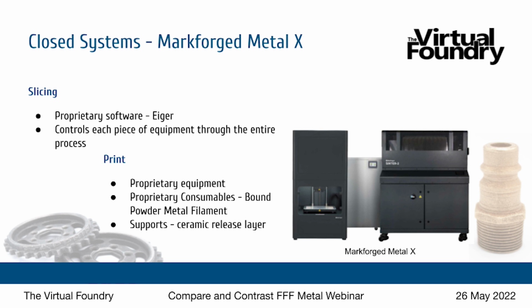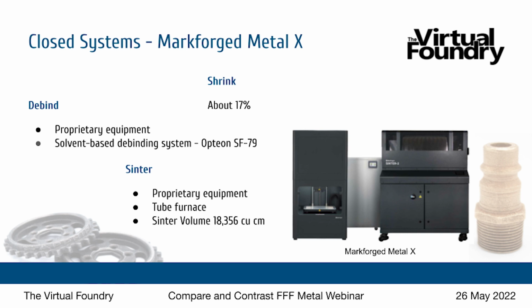And the Metal X also uses a ceramic release layer. Again, the supports themselves are more of the same metal filament, with that ceramic release layer in between. The parts will be debound and sintered with the supports included, and that ceramic release layer allows you to break those off easily at the end of the cycle.